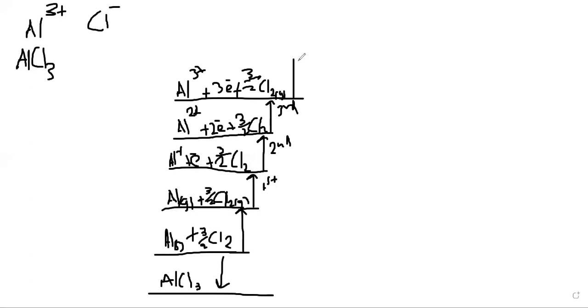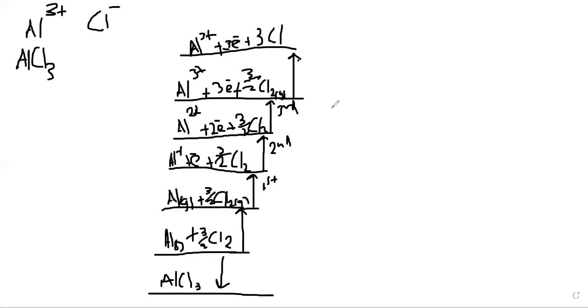So we are finished with aluminum now. So we need to atomize chlorine. So that's Al3 plus, 3 electrons, plus 3 Cl.